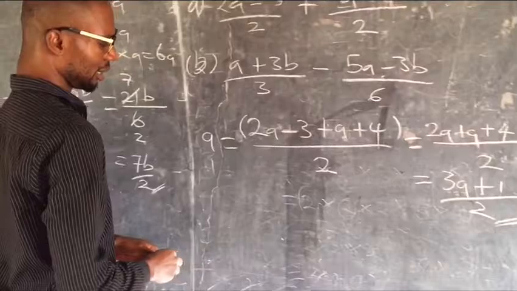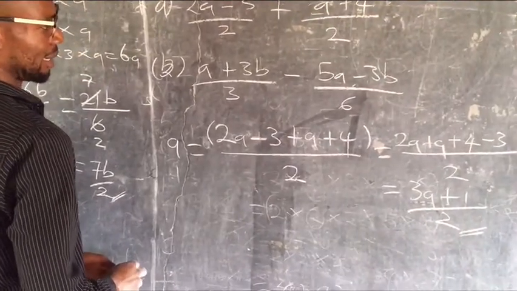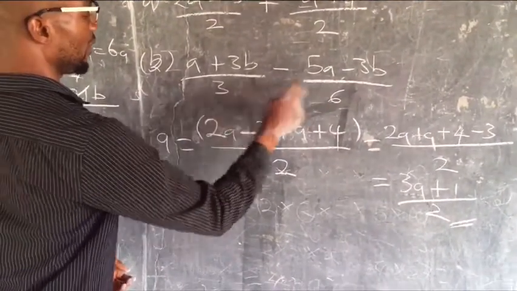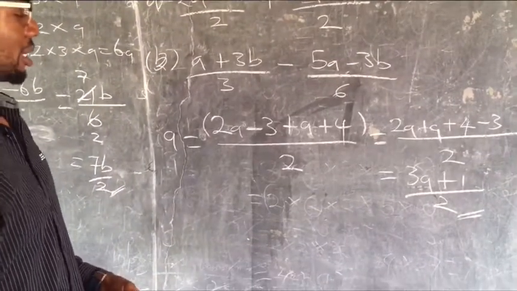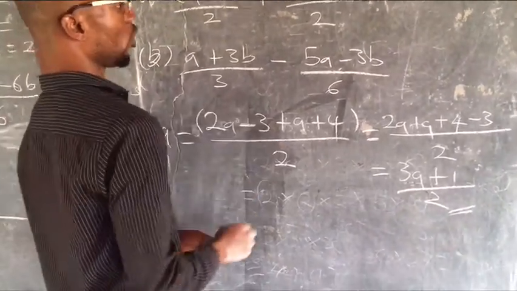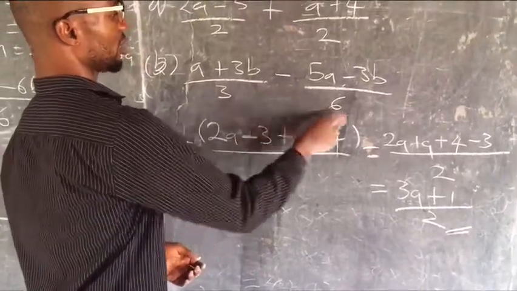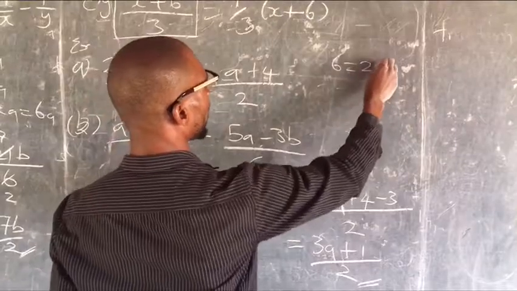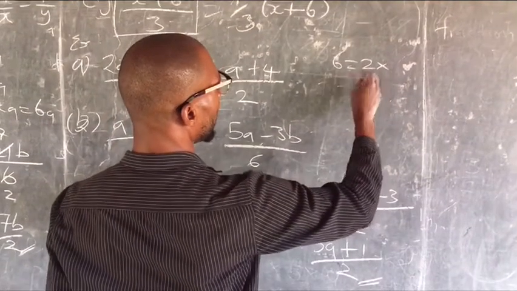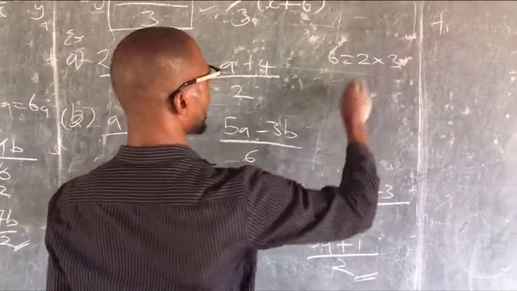Then for this one, I get different denominators. Abi? Then we will look for the LCM of these two numbers. If we express 6 as product of prime factors, we'll get something like this.